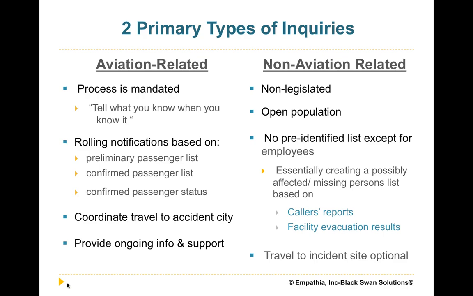In a non-aviation event, whether it's the bomb that goes off at a stadium or even a workplace fire or explosion, there's no regulatory mandate. And the other issue that makes these events even more challenging is that it's an open population. Now, with the exception, of course, of an employee work site.